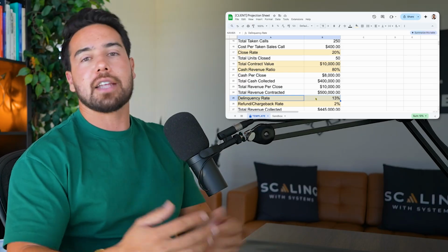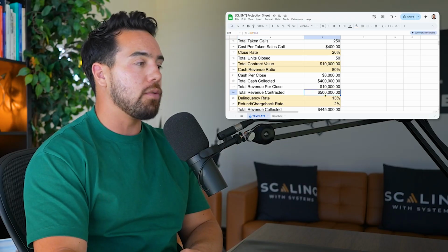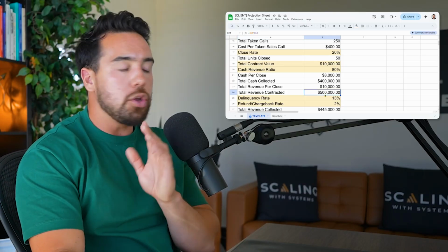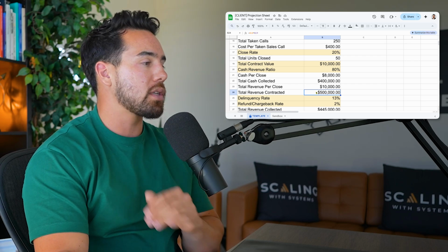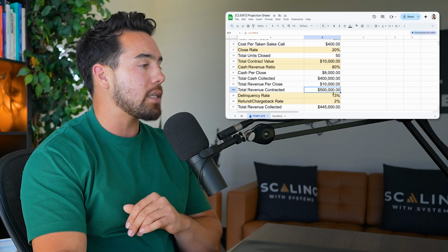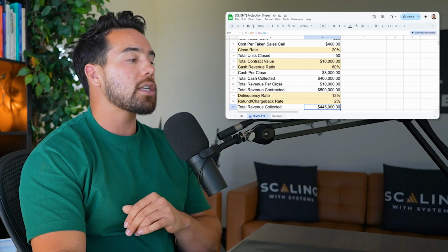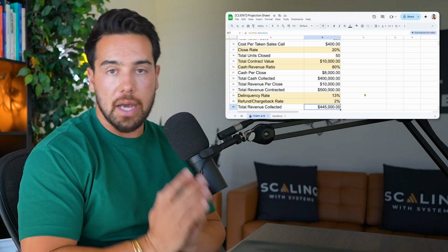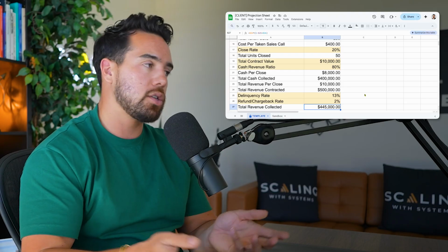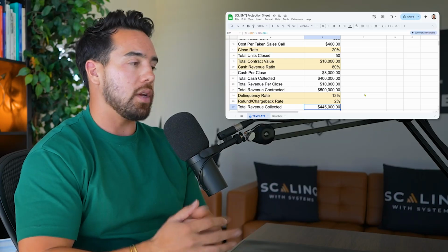They just guess. They see this big number right here, revenue contract, and they think, fantastic, let's just close as many units as possible, when you really need to break it down to the lowest level that you can. Which means that out of $500,000 total revenue, you can expect to see about $445,000 hitting your bank account over the span of whatever your contract length is, 2 months, 4 months, 6 months, 12 months, you get the idea.